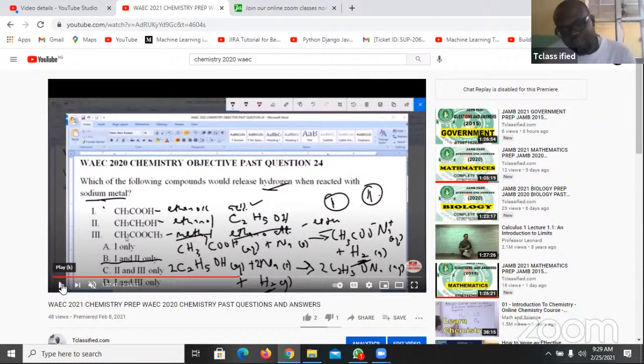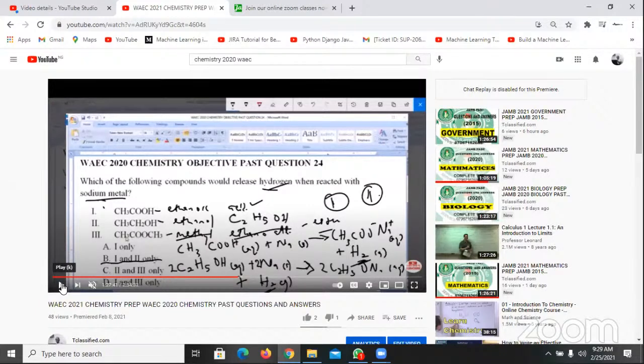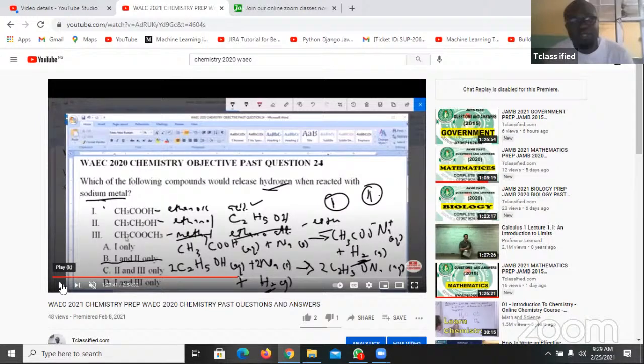So it has 60% carbon, isn't it? Yeah. That means what is remaining for the other two? If 60% is carbon, hydrogen and oxygen would be how many now? If something has a total percentage of 100 and only carbon is having 60%, that means the other two are having what?